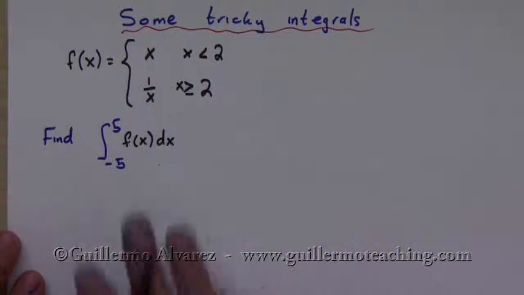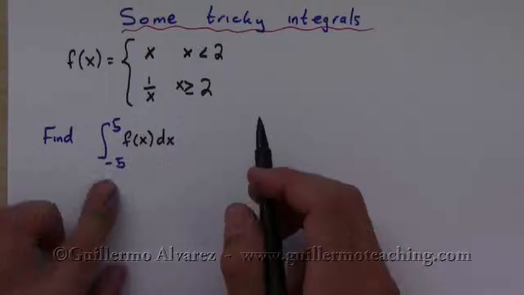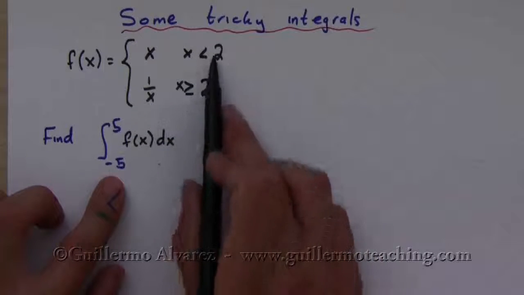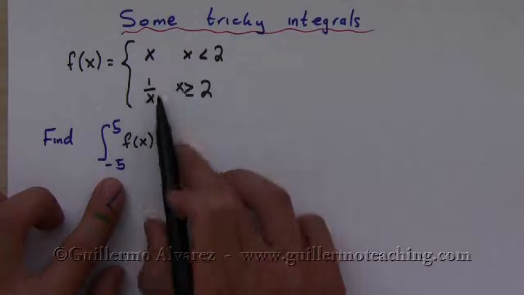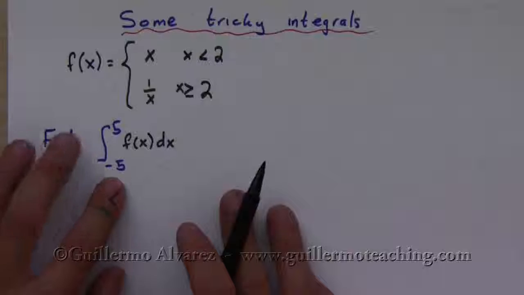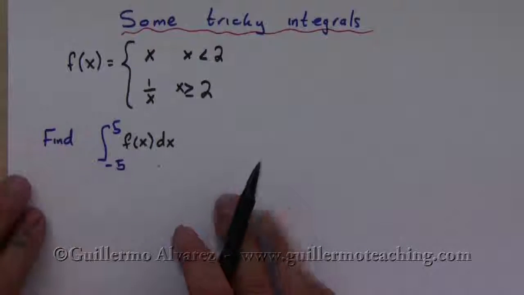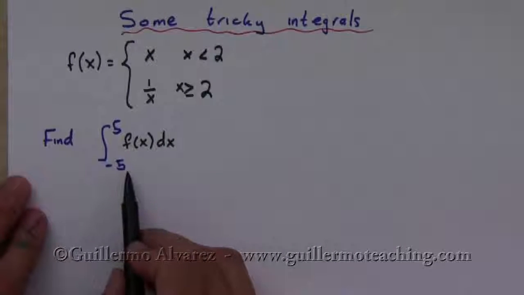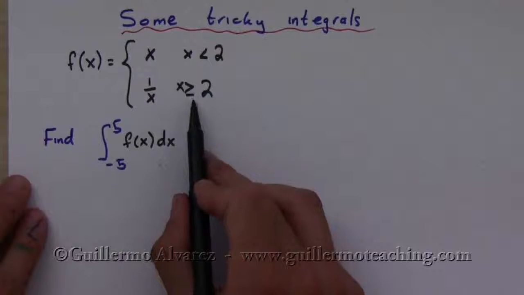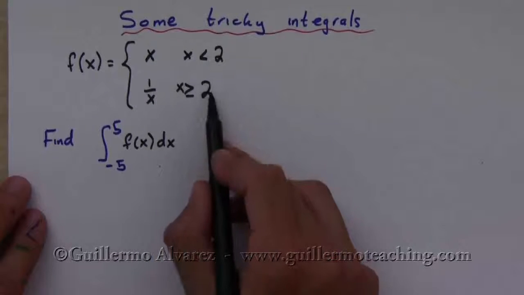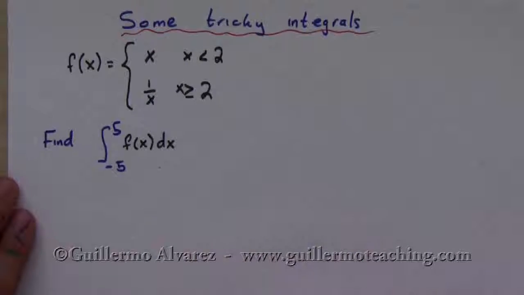Okay, well, since this is a piecewise function, and it's defined as a different function on two different intervals, I have to break it up somehow, right? Because I'm going from -5 to 5, and my function changes at 2.